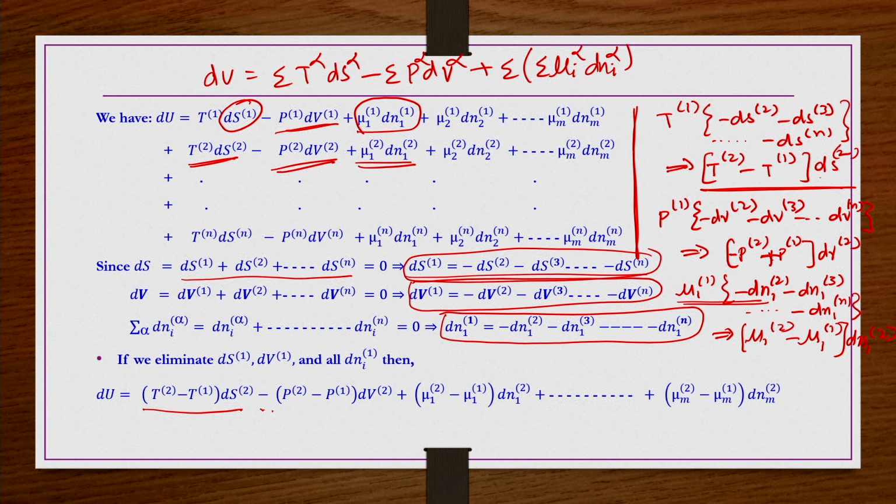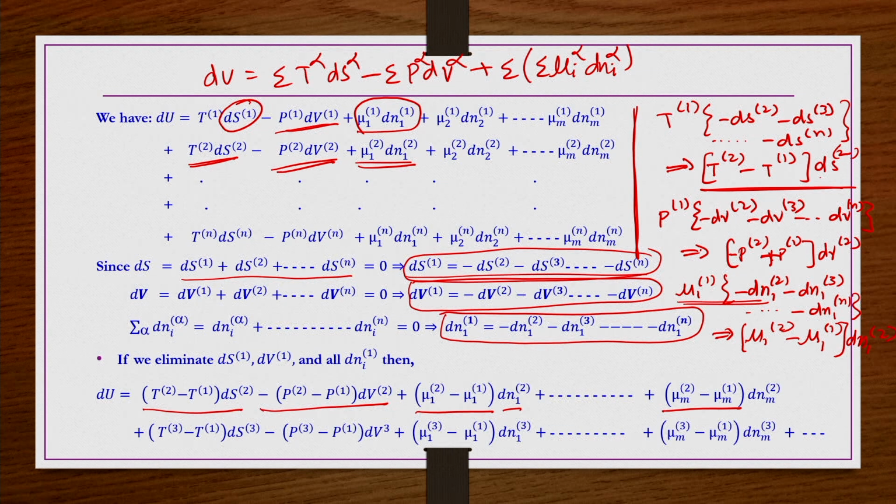And then for the first component, mu1 in phase 2 minus mu1 in phase 1 multiplied by dN1 in phase 2, and so on. So, for the mth component, mu m in phase 2 minus mu m in phase 1 multiplied by dNm in phase 2. Like this you can write.